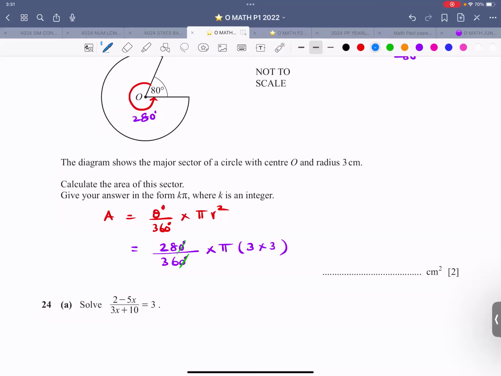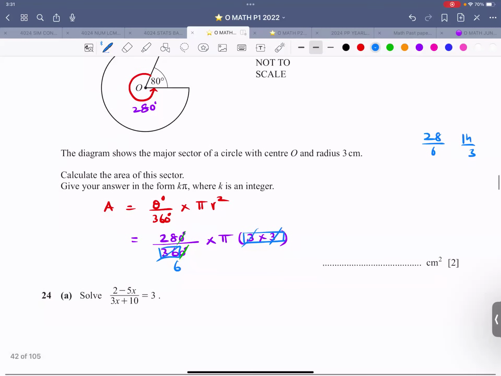Then 3 into 3 is 6, and this is 36. So cancel this, you're left with a 6. So 28 divided by 6. So 28/6, that's 14/3. So this is coming out to be 14/3.